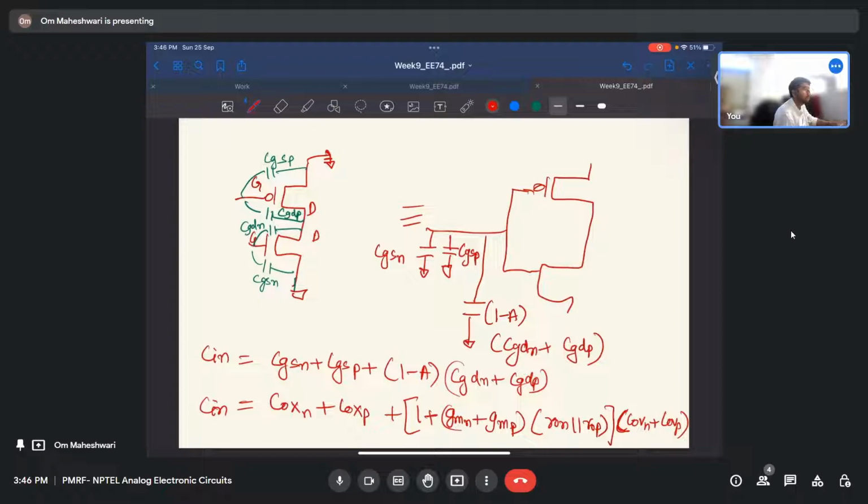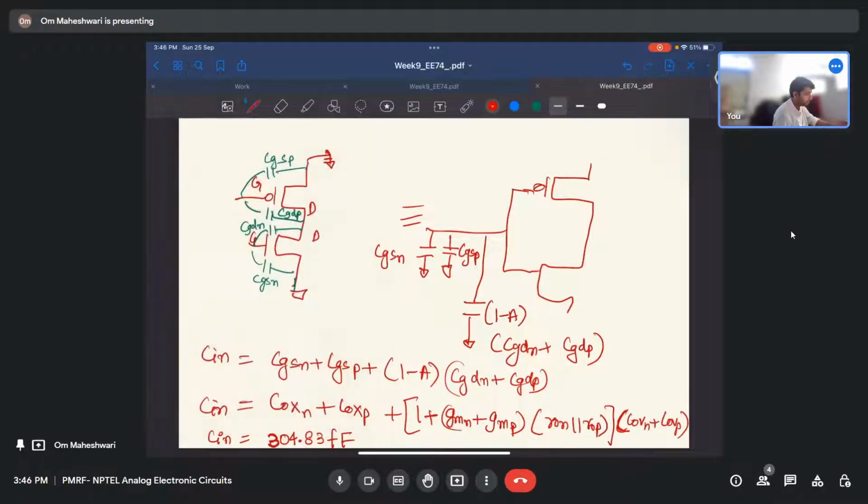We should get the final answer as, check. Final answer is C equal to 304.83 femtofarads.